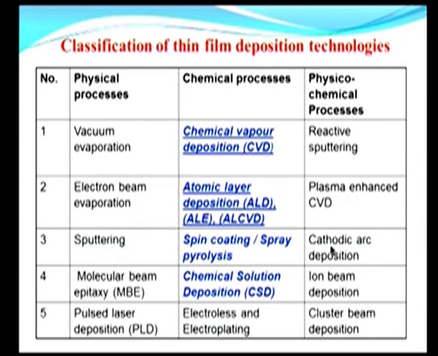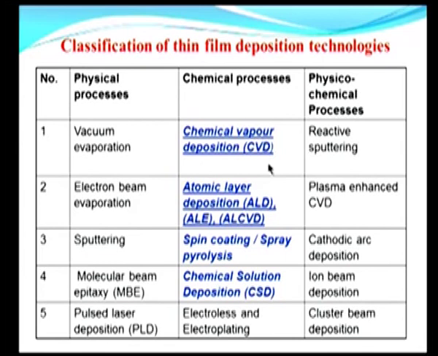We move on to a somewhat general discussion of thin film depositions, because thin film formation is an important part of device technology, including nano device technology. There are physical methods and there are chemical methods.